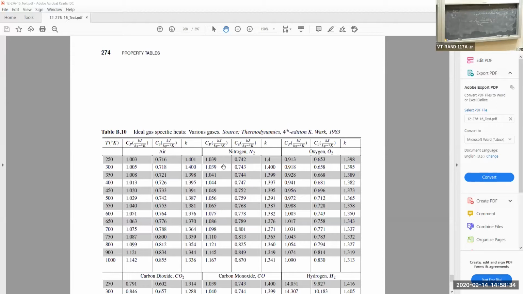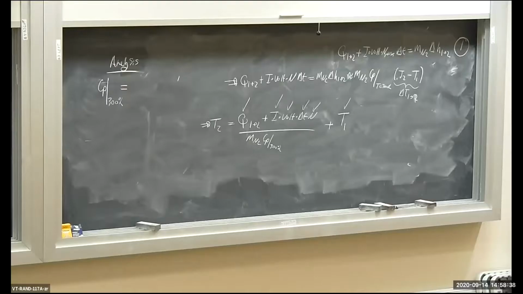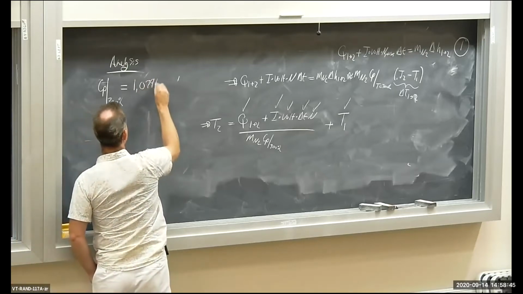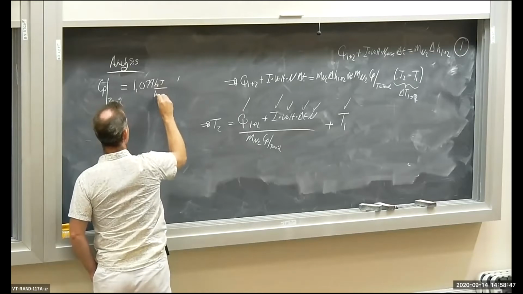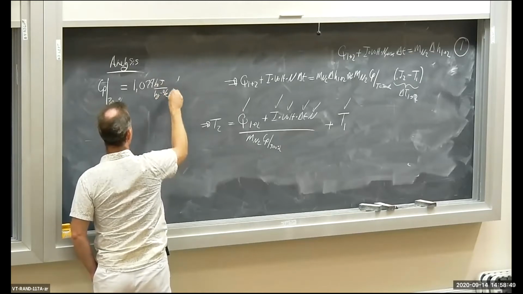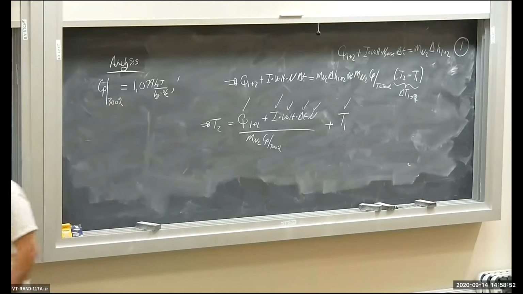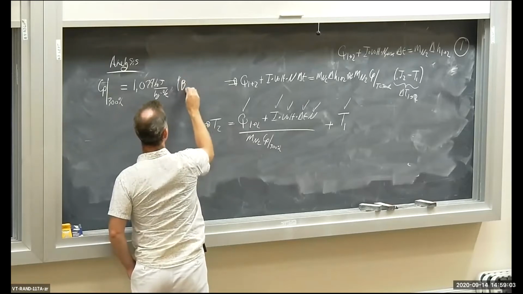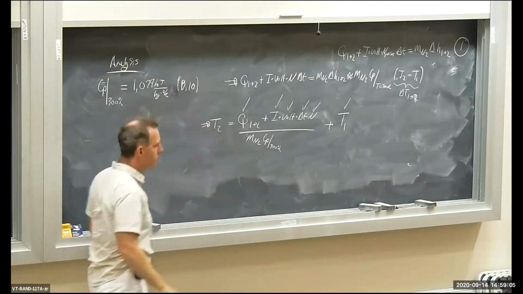Nitrogen, 1.039 kilojoule per kilogram degree Kelvin. Okay, so that's from table B10.